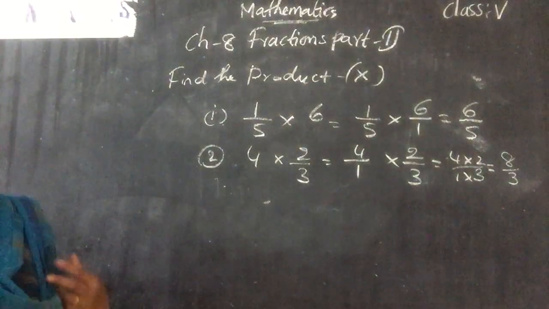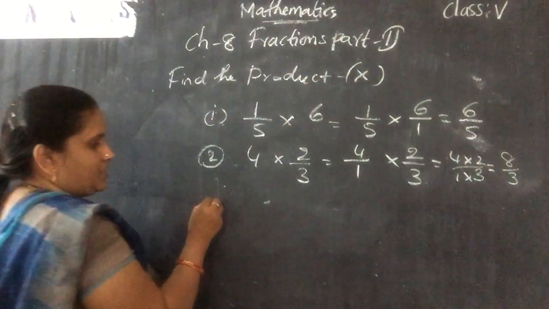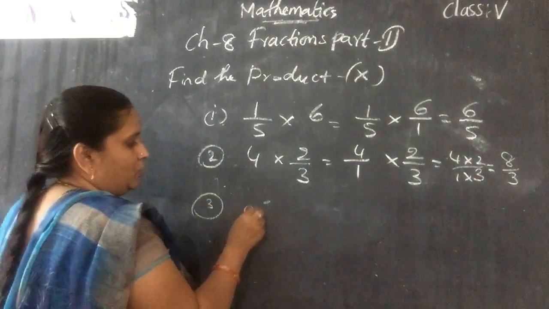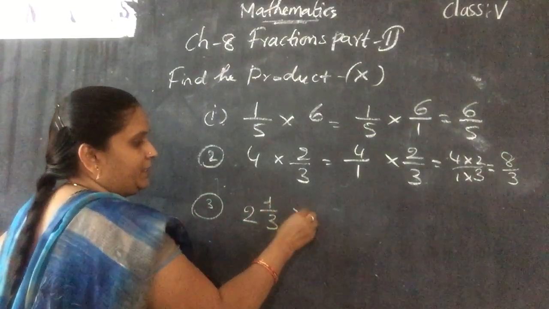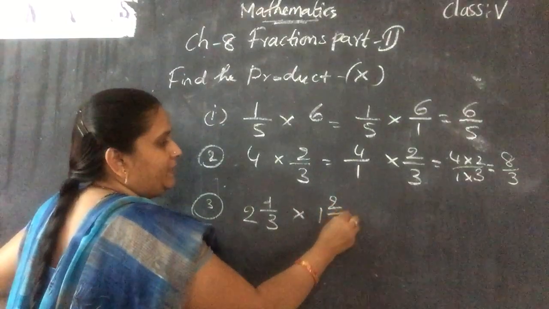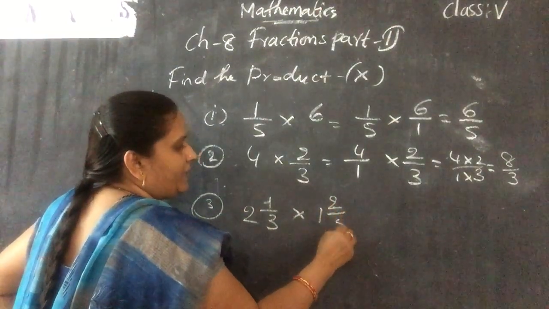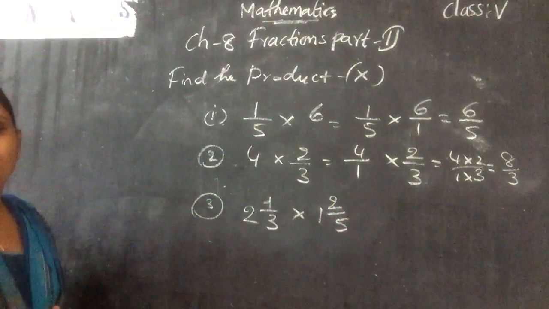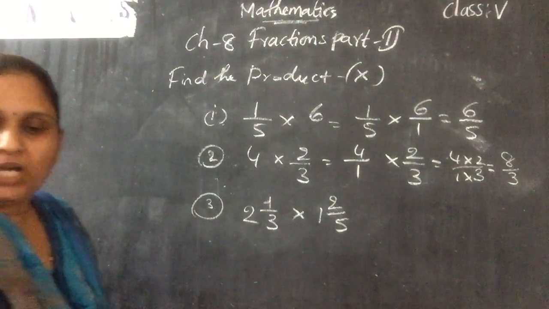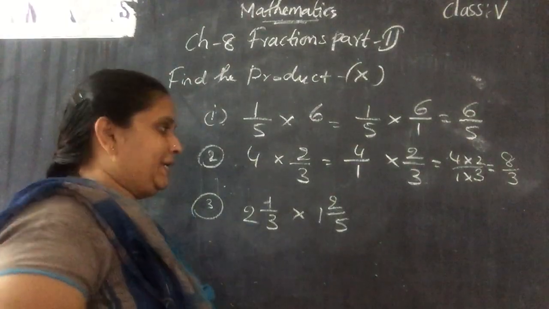Okay, next. For example, if they give mixed fractions, 2 1 by 3 into 1 2 by 5. Like that the numbers are there. What do we have to do? How to do this multiplication?